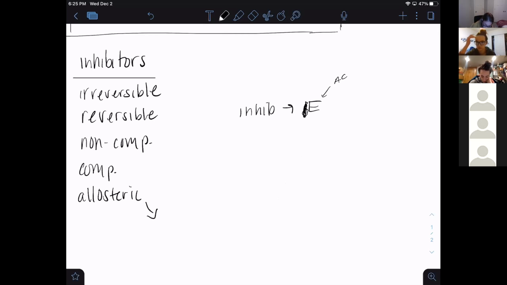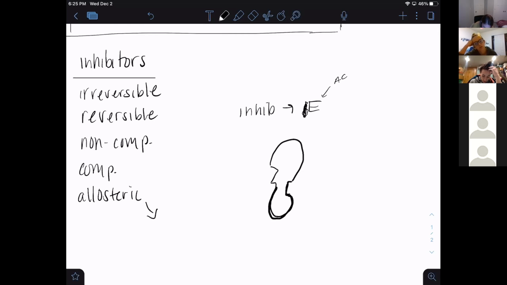Oh, oof. Let's try this. Actually, I'm going to do it like this, and then I'm going to draw like this. This is a really wonky enzyme. Kind of looks like a head.